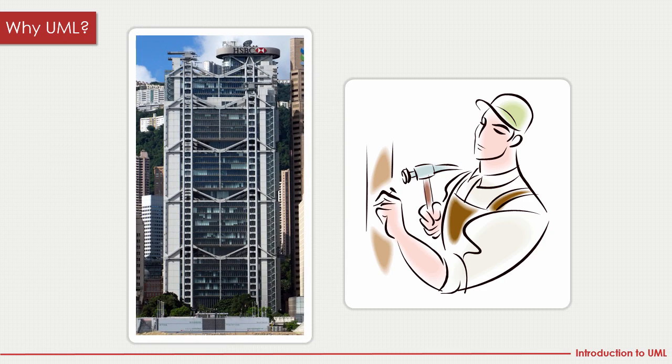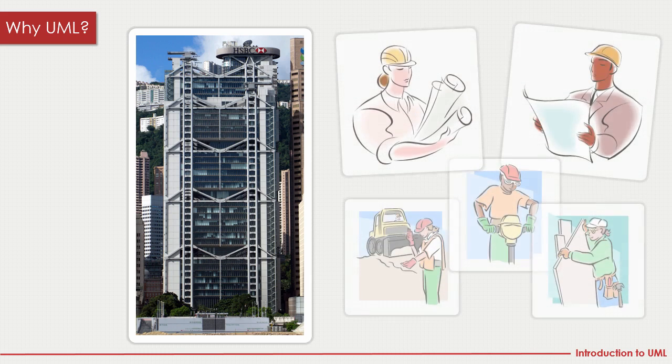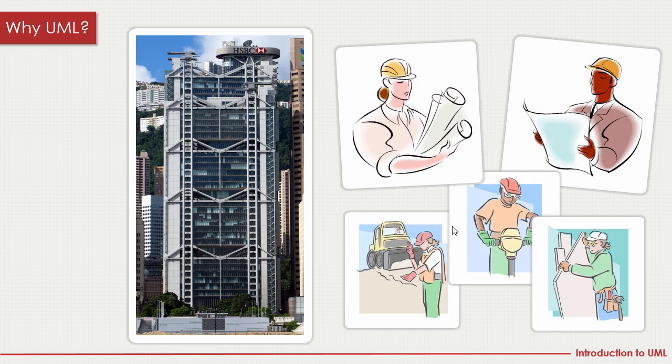But if you build a high-rise, modern building, like this one, the HSBC headquarters, then you can't do it by yourself. What you need is a team of experts. You need an architect, you need engineers from different disciplines, like civil engineering, electronic engineering, and water services.